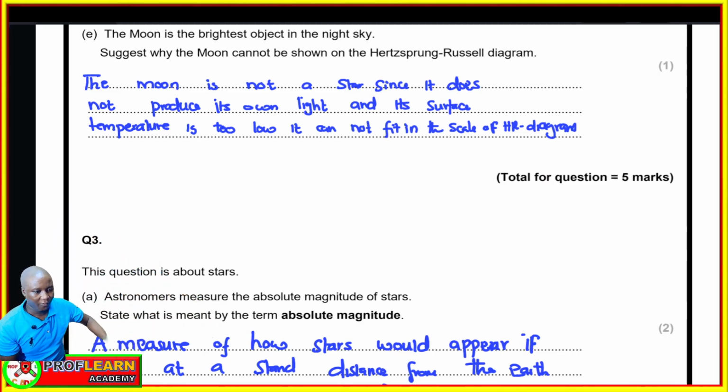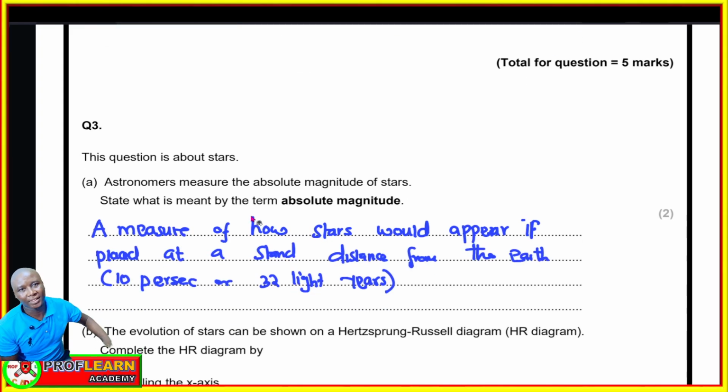So moving further now, we can define different terms that you need to understand, because astronomers describe the brightness of a star in terms of apparent brightness and also absolute brightness.